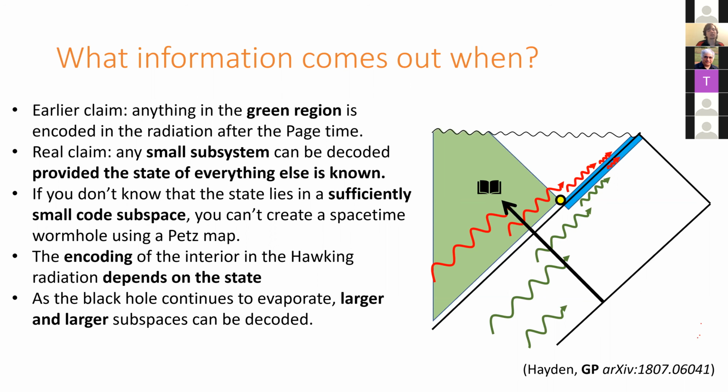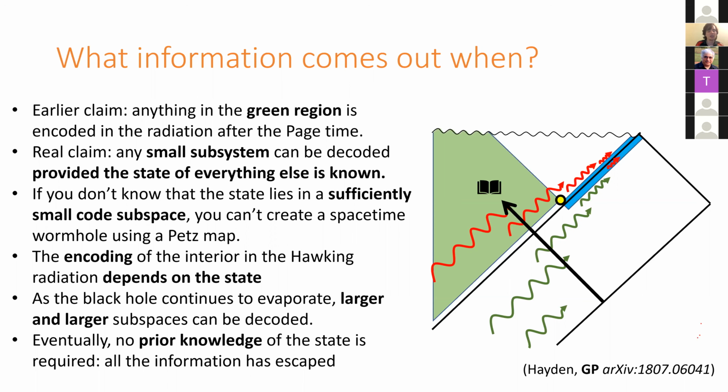However, as the black hole continues to evaporate, then you can make the PETS map work for larger and larger subspaces, basically because the difference in generalized entropy between this non-empty quantum extremal surface and the empty quantum extremal surface gets bigger and bigger. So you have more margin of safety to still have the connected wormhole saddles dominate over the disconnected saddles.